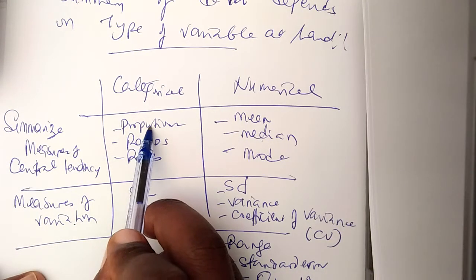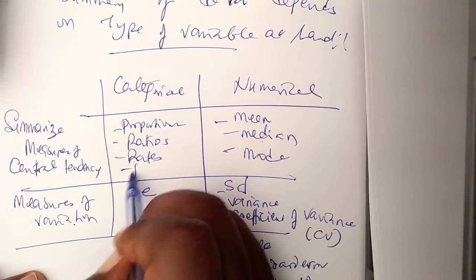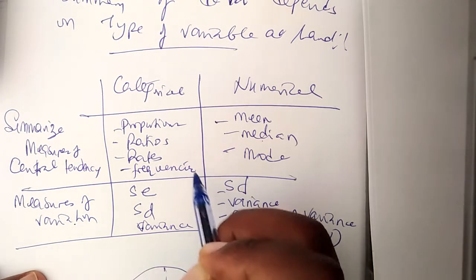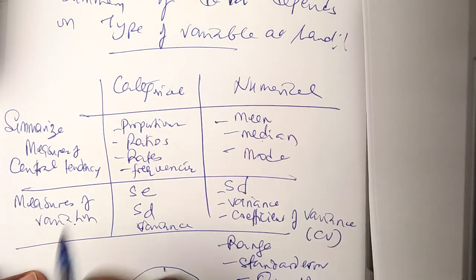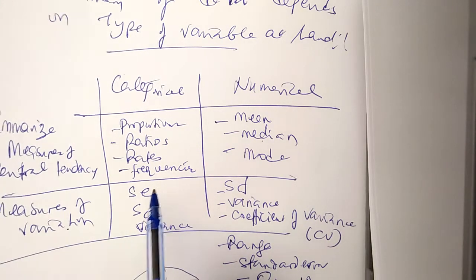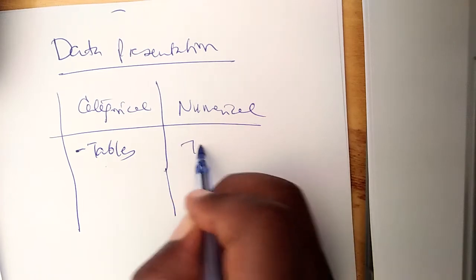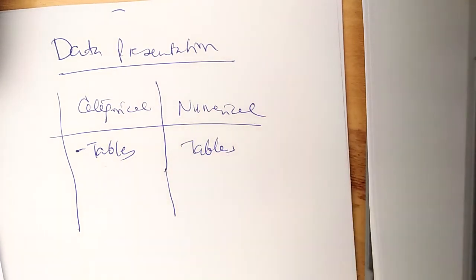What I'm saying is the summary is proportions, can be frequencies, so it is best done if I present this using a table. A table is universal. It can also be used to present numerical data.